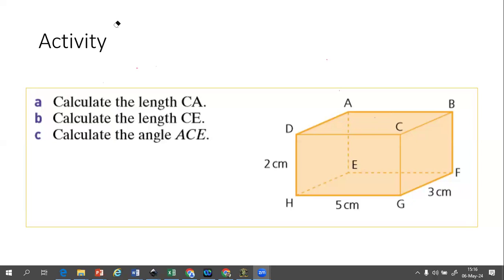Always don't forget to draw a line connecting those 2 points. Sheila, Chivelo, Daisy, Victor, Annette, they have 5.83. Let's keep on trying, everyone.